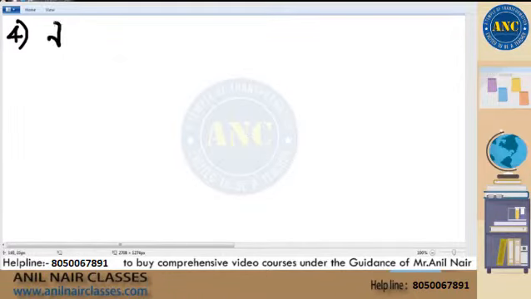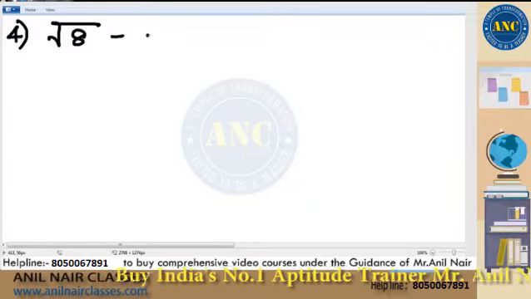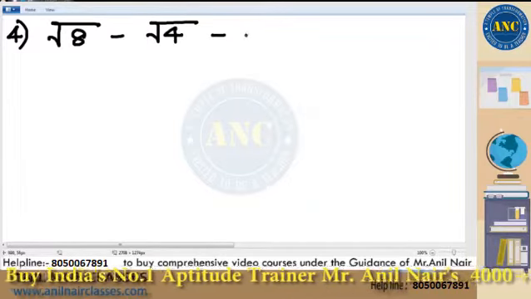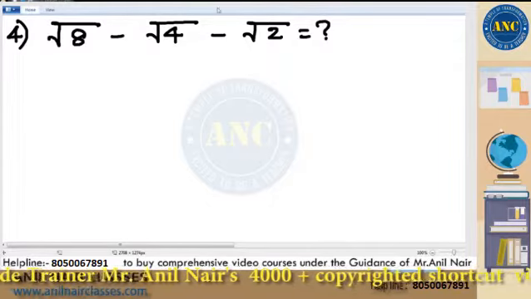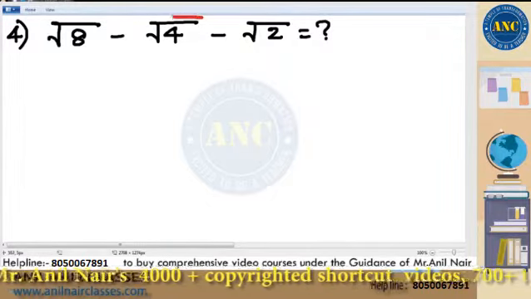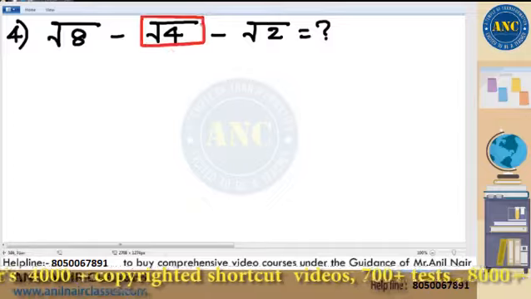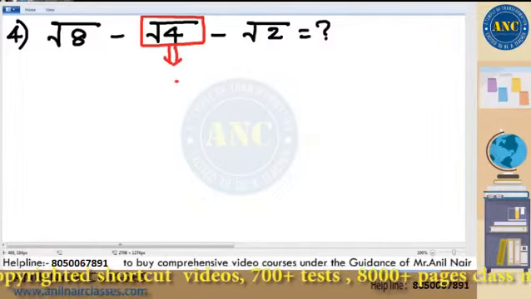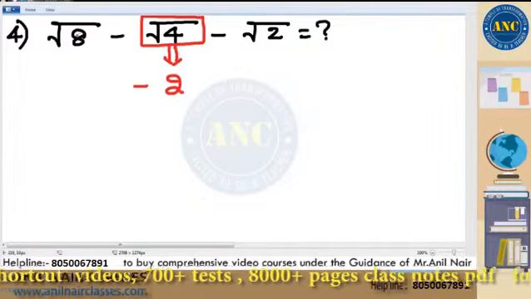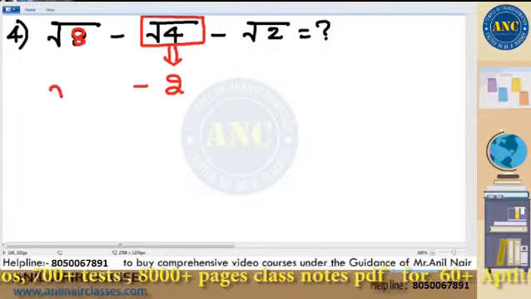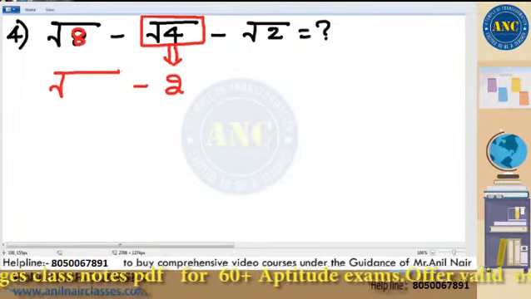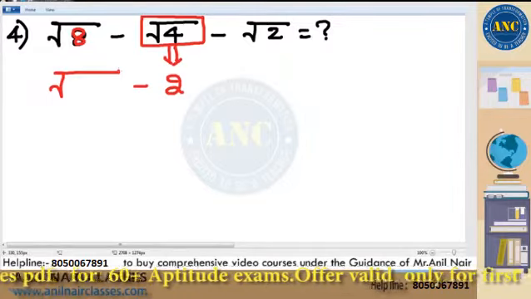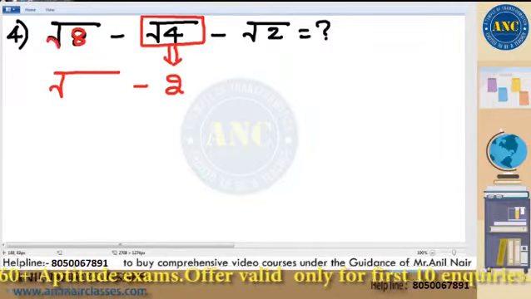Suppose fourth one, square root of 8 minus square root of 4 minus square root of 2. The only number which will give me a whole number is square root of 4. Square root of 4 value is 2. Square root of 8. Whenever you have a surd in the square root or the cube root or whatever it is, try to express it as a perfect square because it is square root.